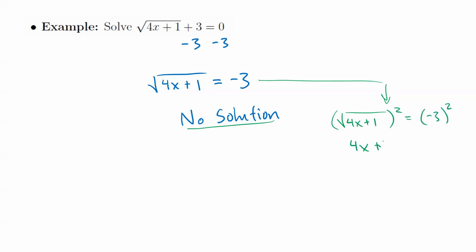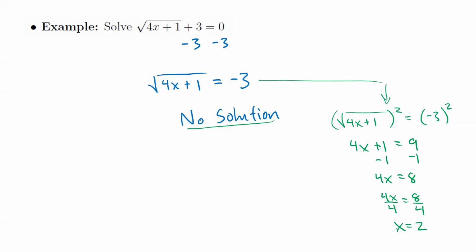Then that would give you 4x plus 1 on the left, 9 on the right. You get 4x is equal to 8. x is equal to 2. So now it looks like I have a solution, right?